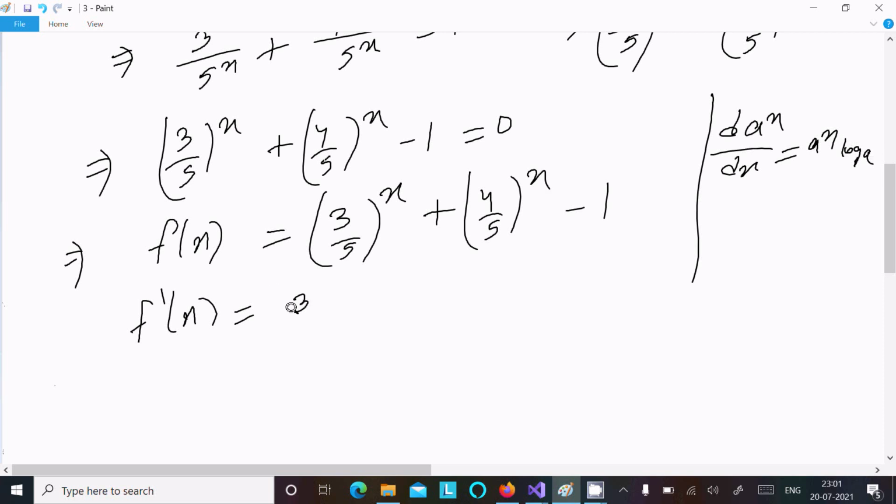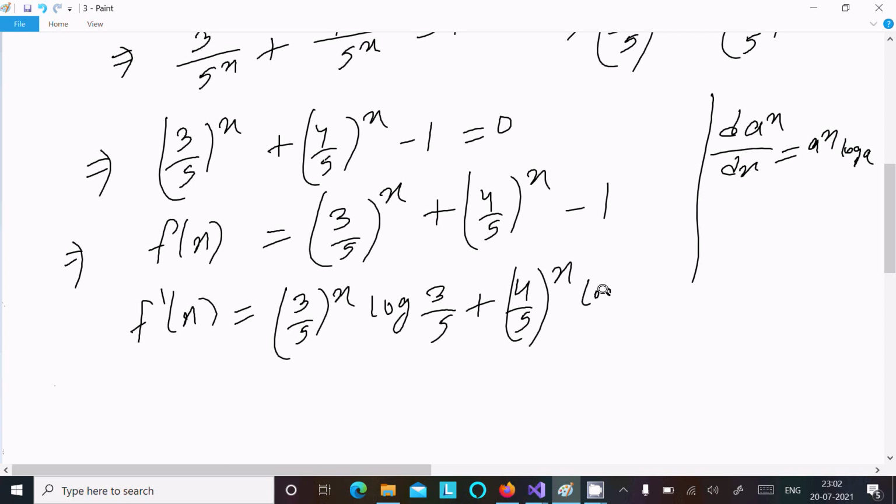So here (3 by 5) power x log (3 by 5), thereafter (4 by 5) power x log (4 by 5), and the differentiation of 1 is 0, so not going to write it.